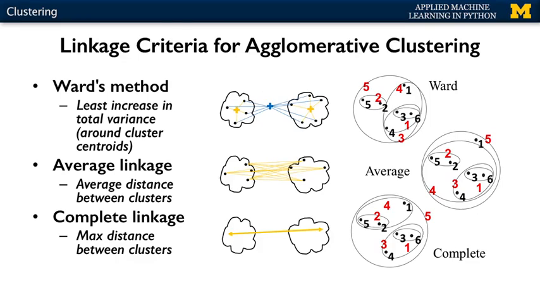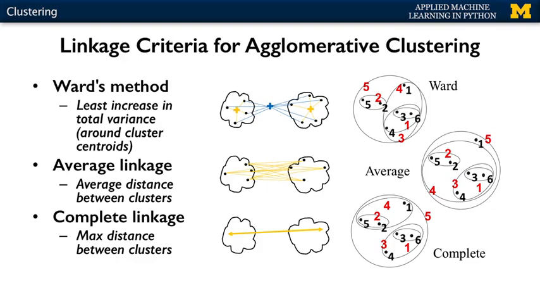Average linkage merges the 2 clusters that have the smallest average distance between points. Complete linkage, which is also known as maximum linkage, merges the 2 clusters that have the smallest maximum distance between their points.